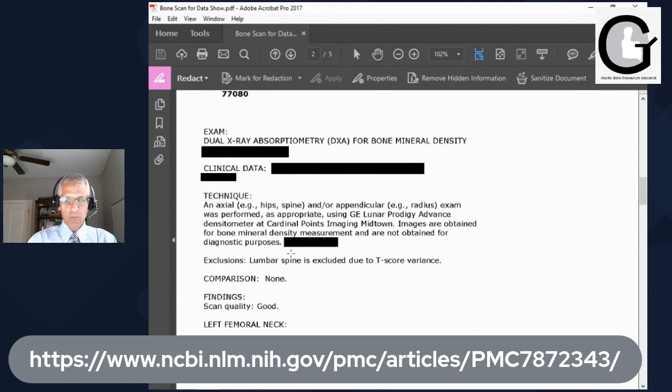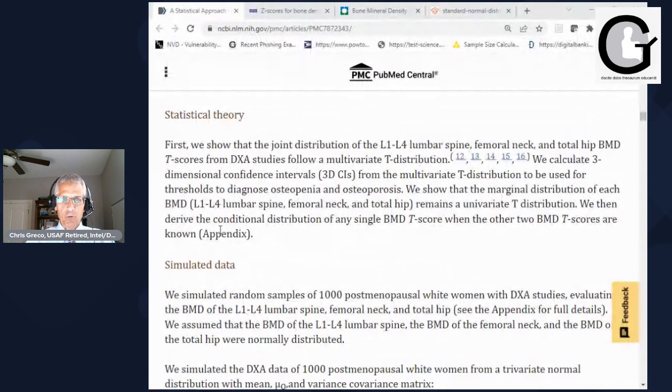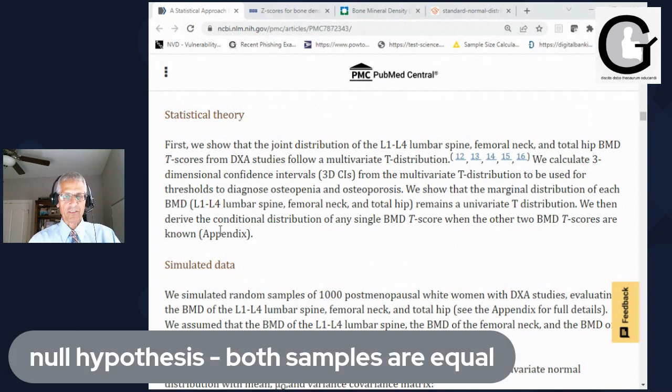That's what hypothesis is all about. Whenever we talked about hypothesis, and this is important, we need to hit this up real quick. When you have a hypothesis, you have what they call a null hypothesis and an alternate hypothesis. A null hypothesis means that both samples are equal, normally.